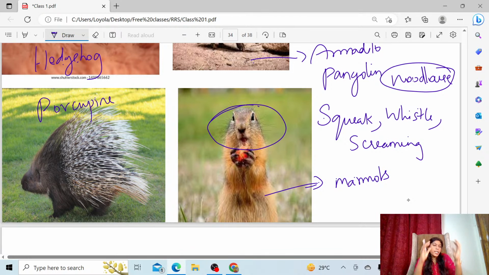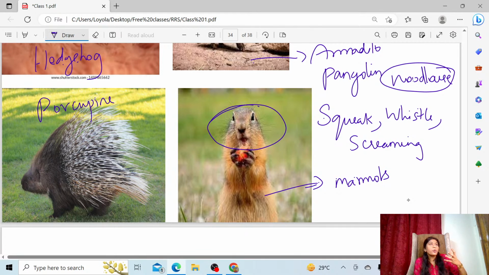So marmot is a big, gigantic ground squirrel. What they do when they feel they are threatened, when there is somebody going to hunt them, or some invader in their place, is scream loudly, and they will awaken the other members of the marmot group. So this type of adaptation is there.